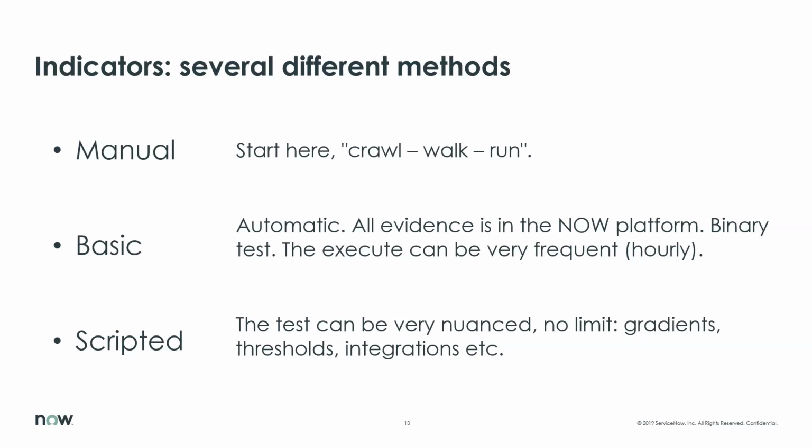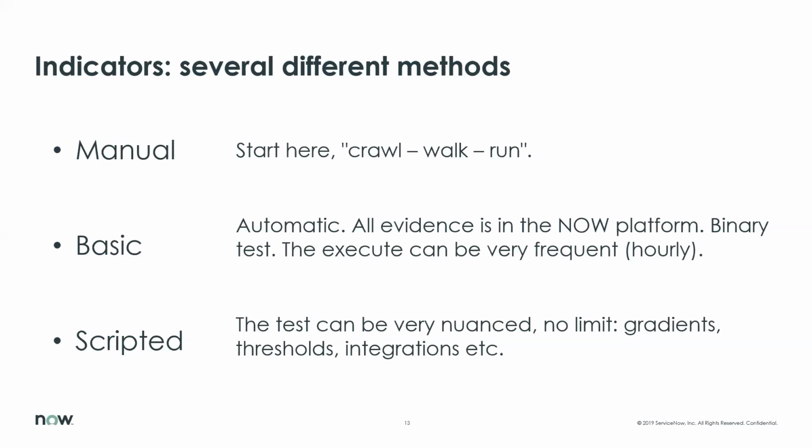Maybe you're just getting started with ServiceNow and the data doesn't exist in the ecosystem yet. And you may be having to check other systems to get that information, that evidence. But as you get more and more data into the system, you can still use a manual indicator, again, because a human has to make a decision. We haven't maybe set up a test or a methodology yet that allows you to feel comfortable completely automating it.